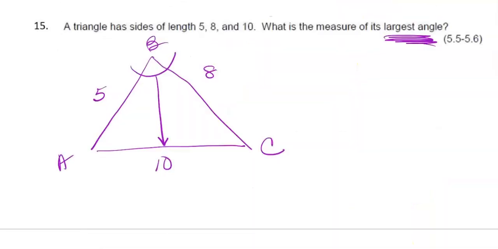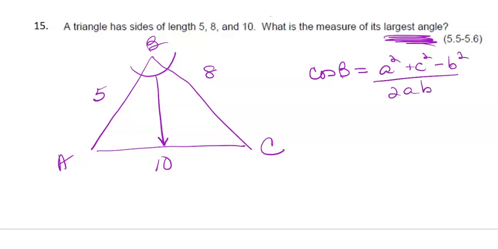I want the cosine of B. So cosine of B equals A squared plus C squared minus B squared over 2AC. So that's my formula.